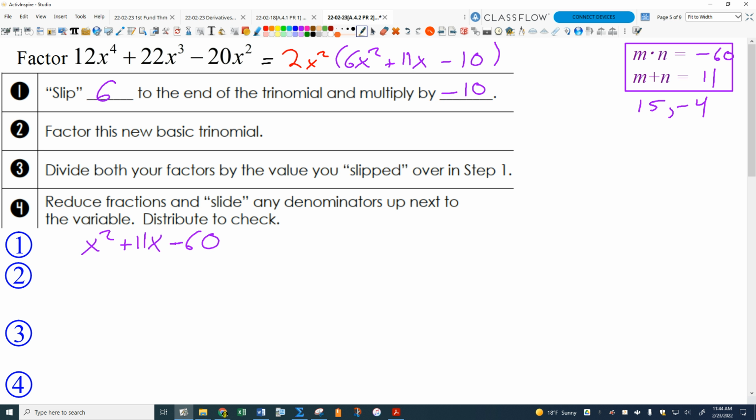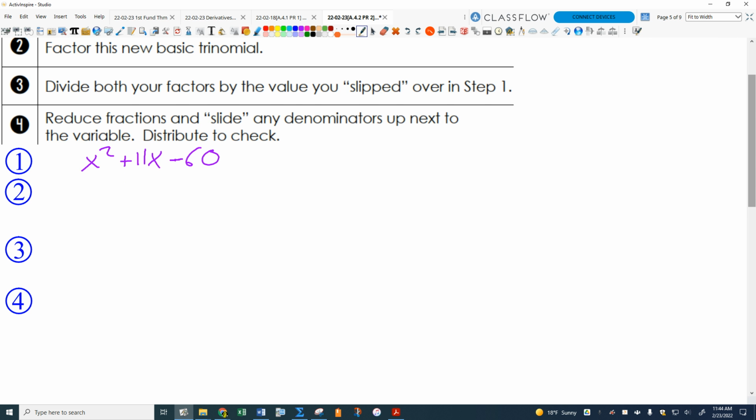Okay, so we're able to factor that basic trinomial. We found the magic numbers, and so we get x plus 15 times x minus 4. We're going to divide each magic number by 6. 6 is the number that we slipped. So we divide by 6.